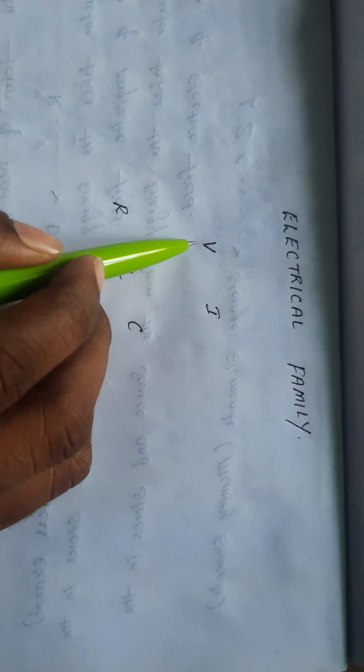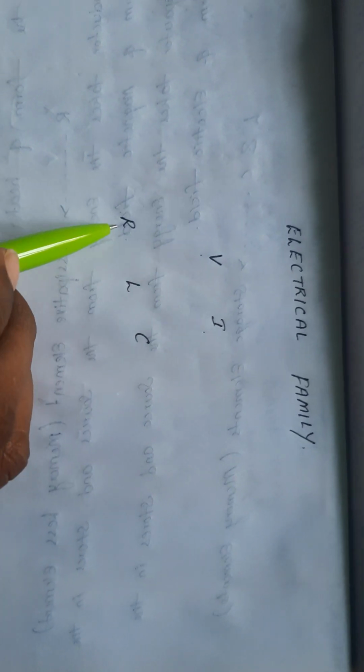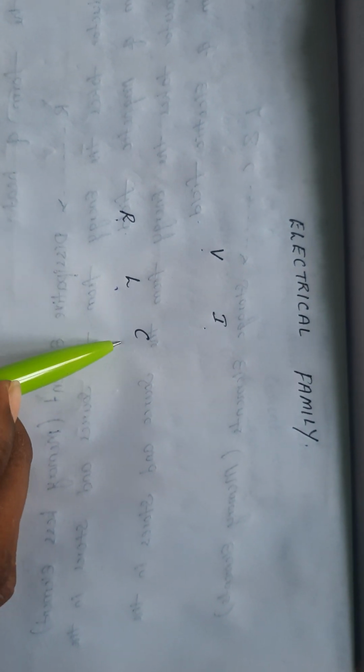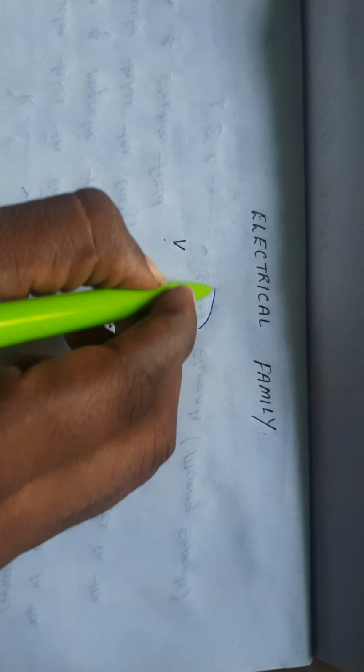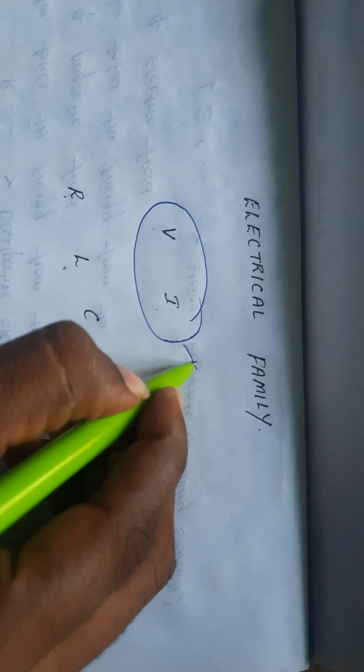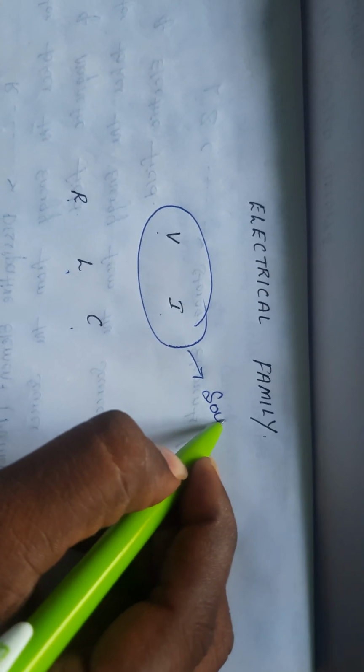Coming to the concept, electrical family. What are the electrical family? Here the electrical family is voltage, current, resistor, inductor, capacitor. Okay, these are the sources: voltage source, current source, sources.